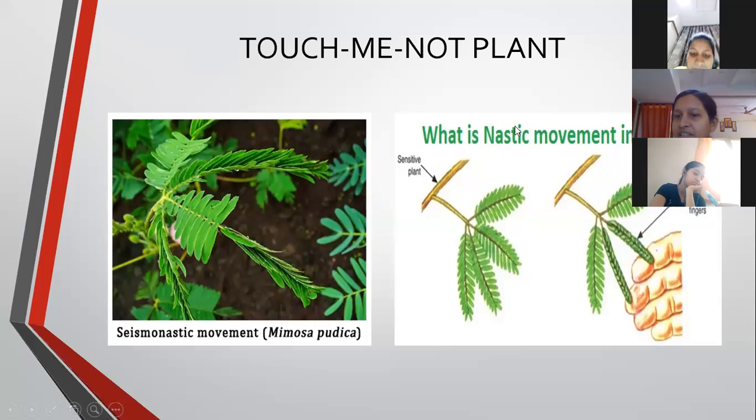That means in the mimosa plant, this movement does not depend on the entire part. As much as the impulse or the chemical can be carried, only till that part can the effect be seen in a nastic movement. Like in tropic movement, we have seen the entire shoot bend.